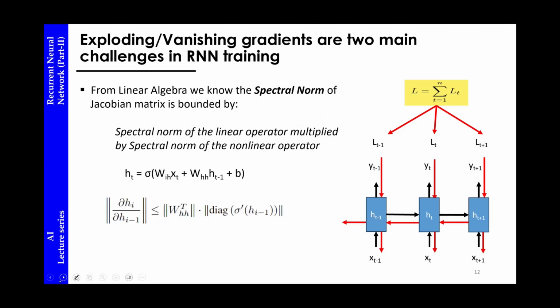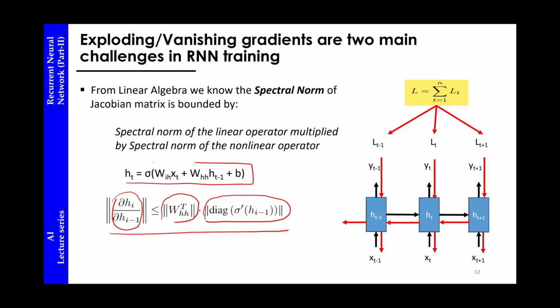You remember from linear algebra that when we had a Jacobi matrix like this fraction, h_i and h_{i-1}, we had this formula: the spectral norm of the Jacobi matrix equals the spectral norm of the linear part multiplied by the spectral norm of the nonlinear part.